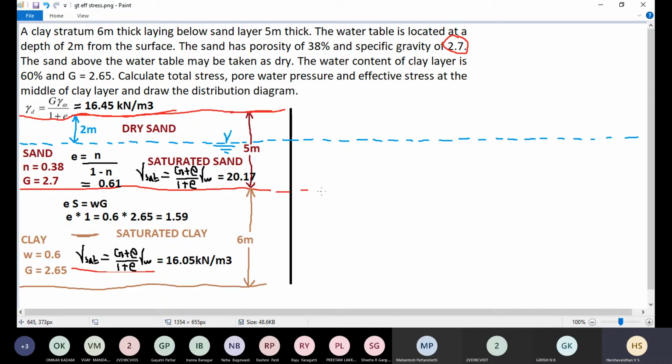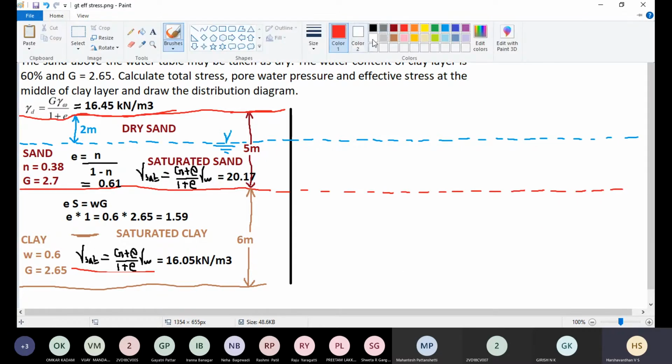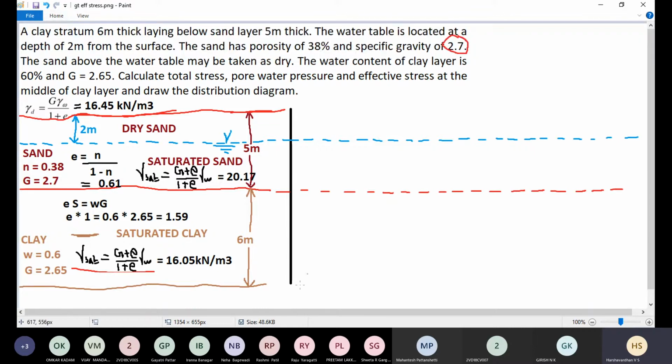Again, I have to calculate stress values at the bottom of the sand layer, because the unit weights change. Unit weight of the sand and clay are different. And finally, I'll calculate the stress at the bottom of the clay layer.